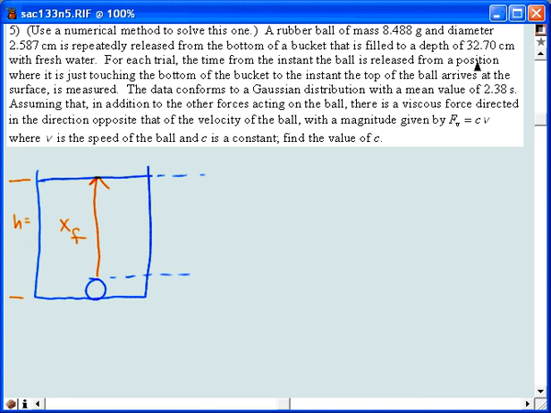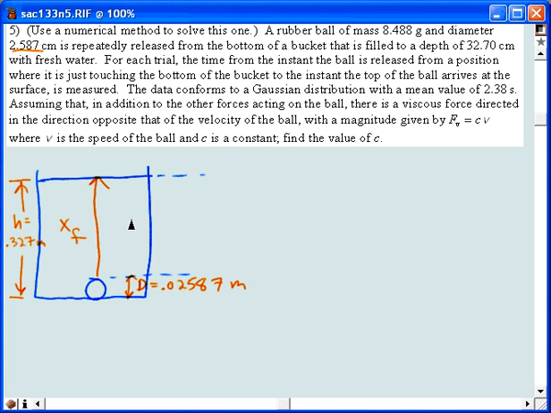as 32.7 centimeters. I think I want to write that as 0.327 meters. And they gave us the diameter of the ball. The diameter of the ball is 0.02587, capital D, I'll call that 0.02587 meters.